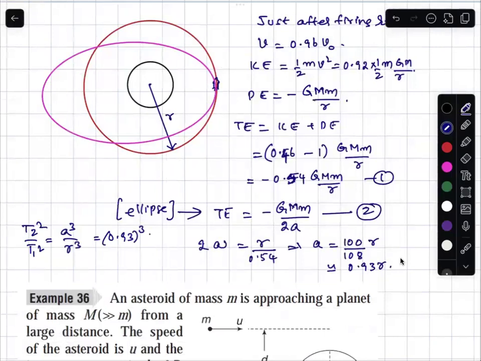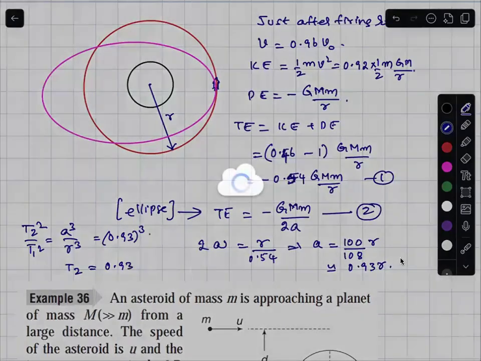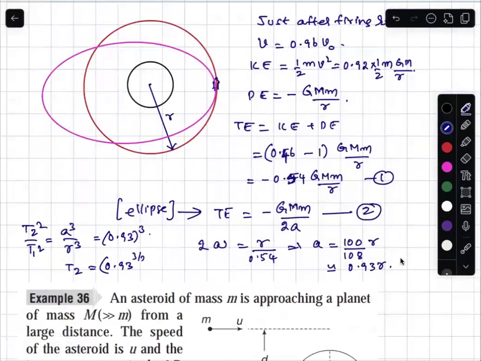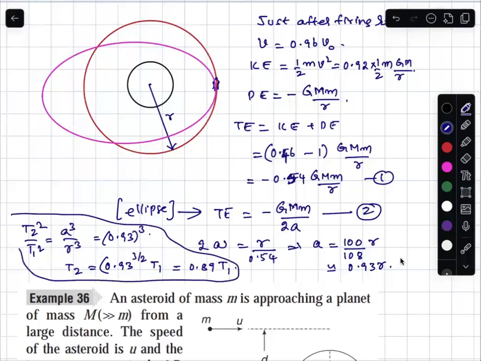So you express it in terms of T1, is what they said. So that I will write as 0.93 to the power 3 by 2 times T1. So in calculator, I got this as 0.89 T1.